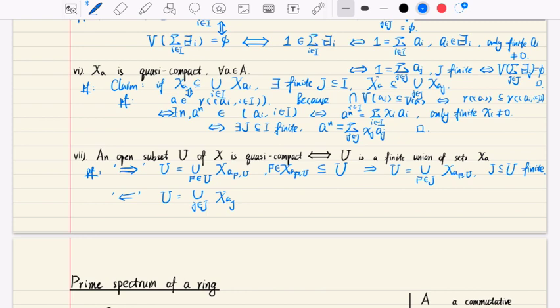You can take a finite cover for each XAj, and you take a union. Since J is finite, you will get a finite covering of the whole total space U. So U is of course quasi-compact. It is done.